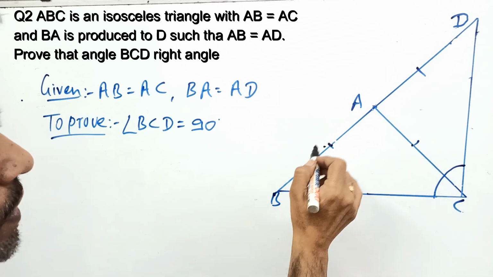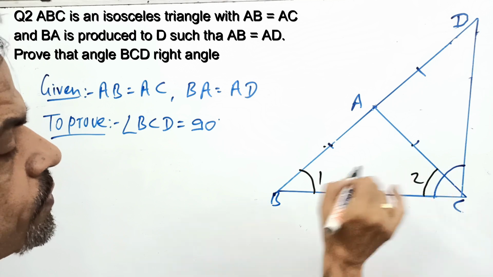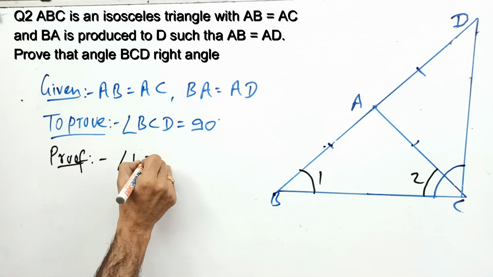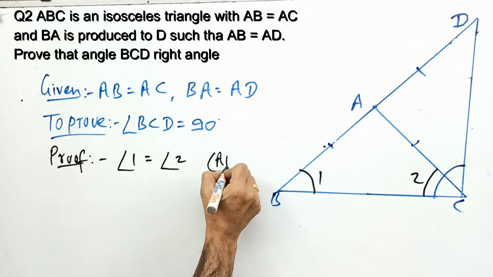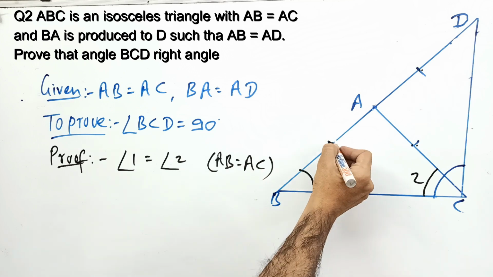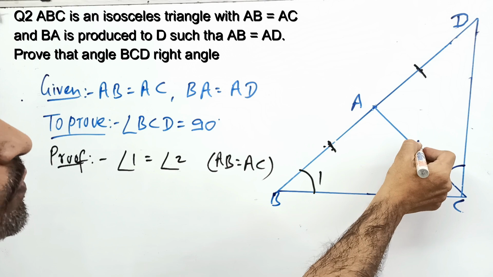Since these two sides are equal, this angle 1 equals this angle 2. The reason we can mention here is AB equals AC, it is given, isosceles triangle. It is given that these two sides are equal and these two sides are equal.